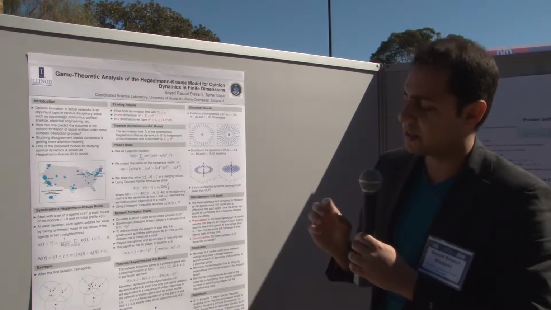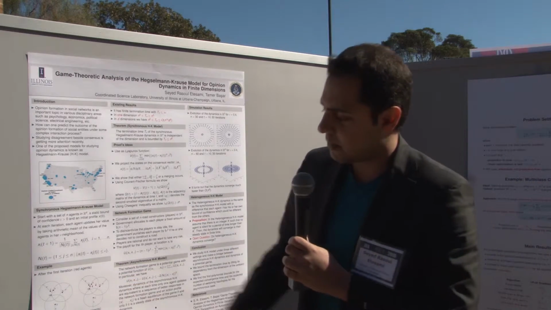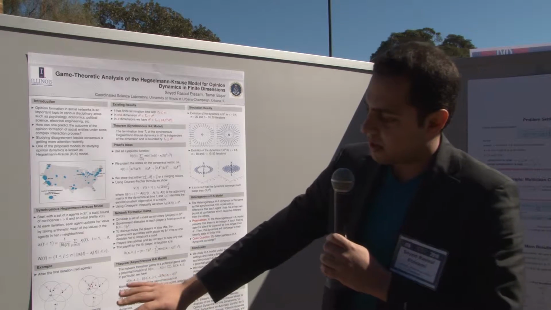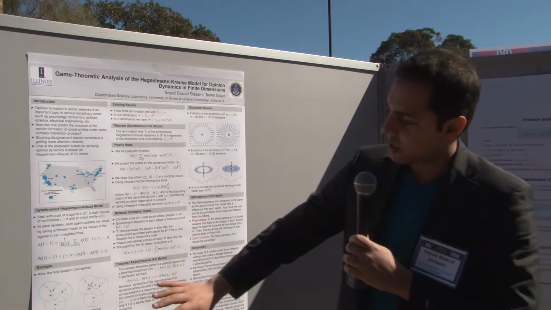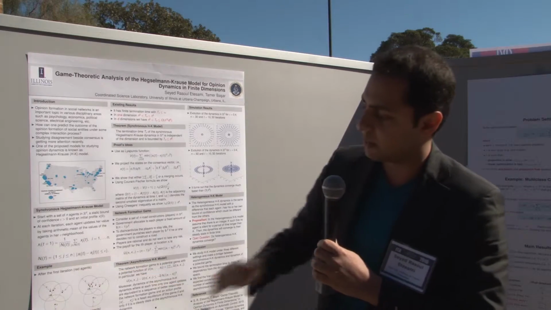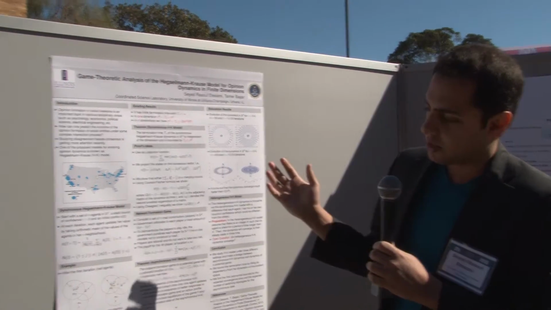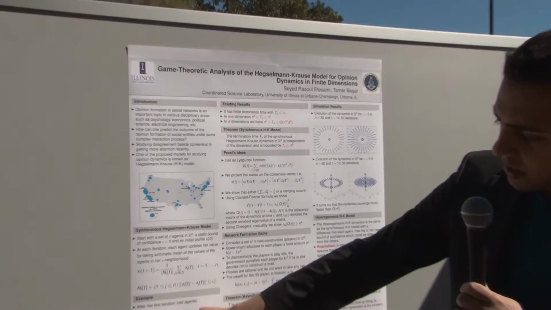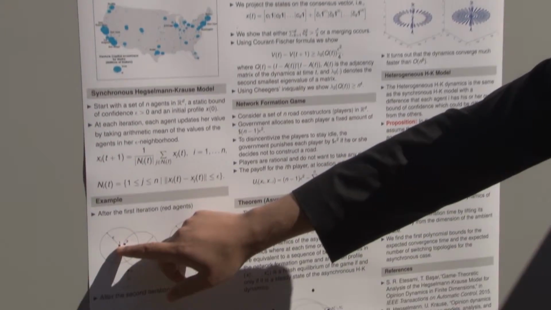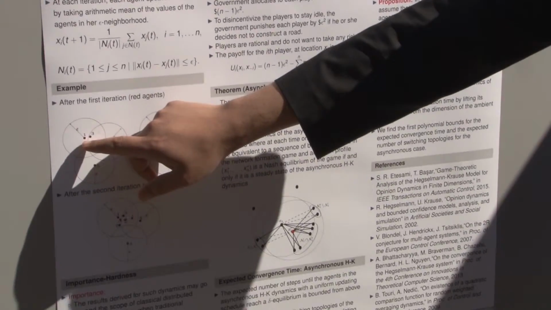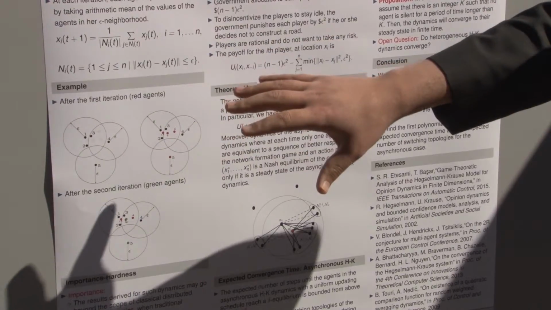The model is very simple. I'll just show it in this example. You assume that you have n agents, in a simple case on the plane, but it can be in d dimensions. The opinion of one agent is denoted as the location of that agent in the plane.